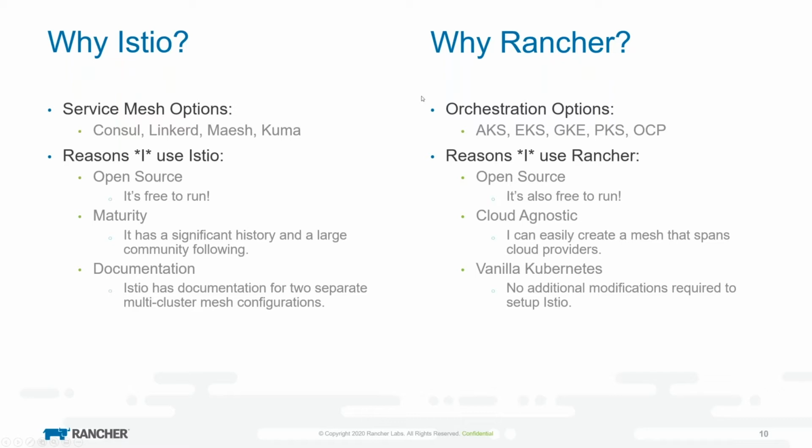First-class citizen, that's what I was thinking of. The multi-cluster options are first-class citizens as far as Istio is concerned, whereas a couple of the other service meshes kind of hide or obscure their multi-cluster options, just because they may or may not be fully fleshed out. On the infrastructure side, why am I choosing Rancher?